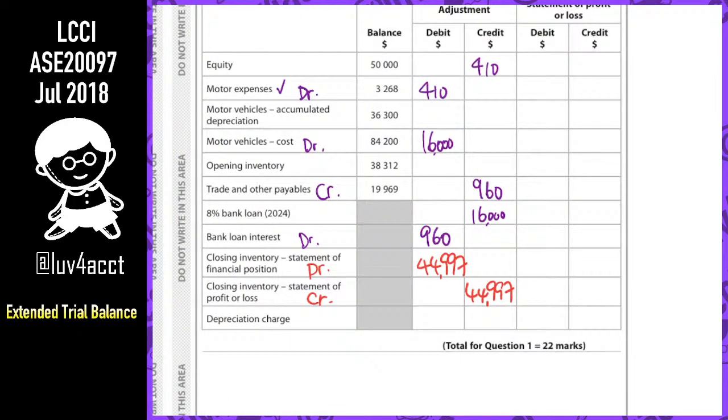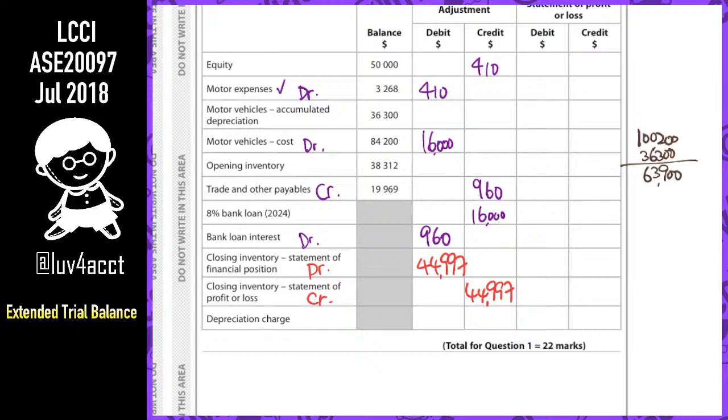Updated balance for motor vehicles, 84200 plus 16,000, we have 100200 cost. Accumulated depreciation 36300. So 100200 minus this one.